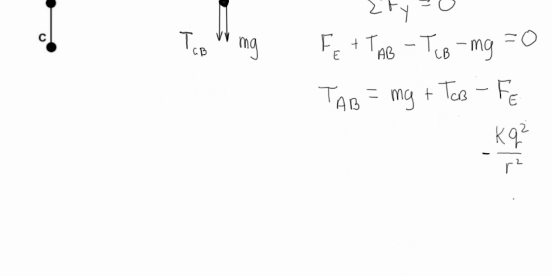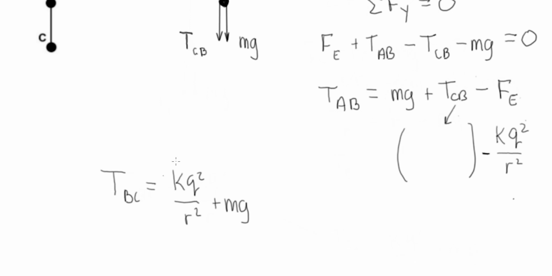But what I want to do here makes my life actually a little bit easier. If you remember from last time, TBC was equal to kQ squared over r squared plus mg. And again, that's what it was before we plugged numbers in. So what I'm going to do here, I am going to plug in that entire equation in for TCB, and some nice things will happen that'll make our lives a little bit easier.